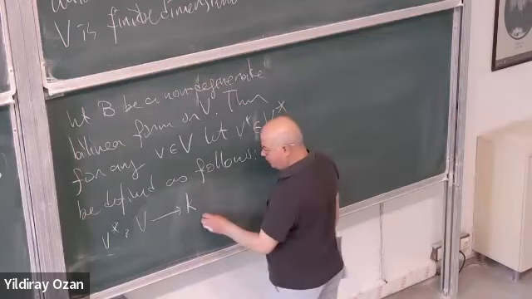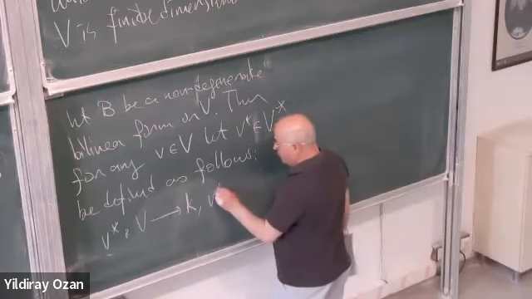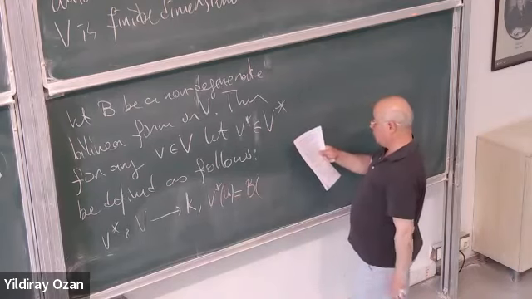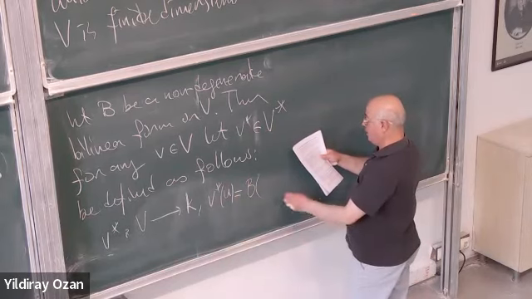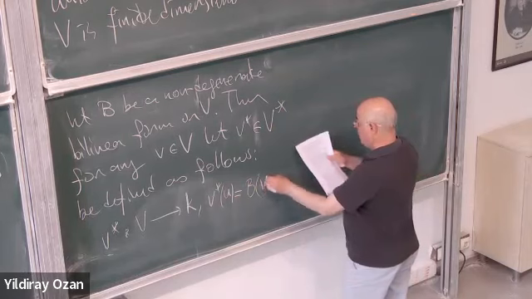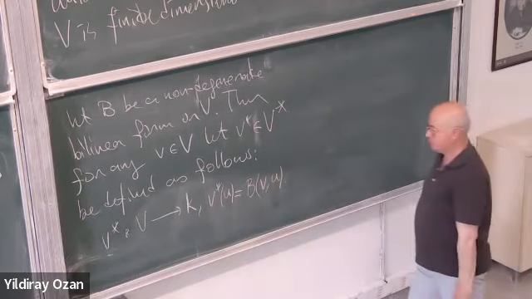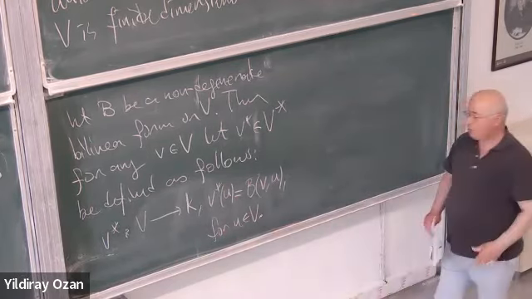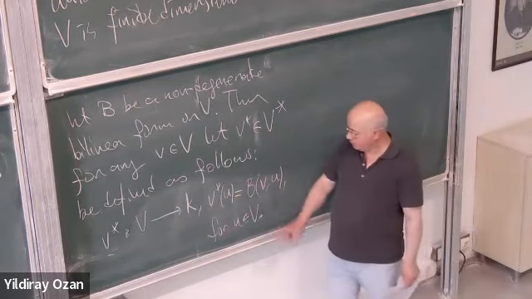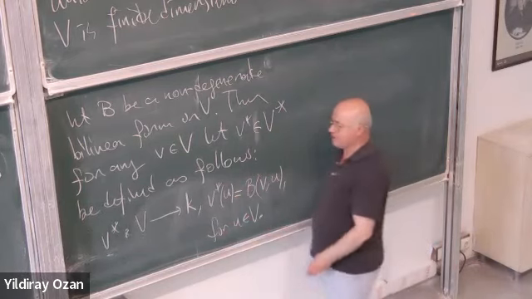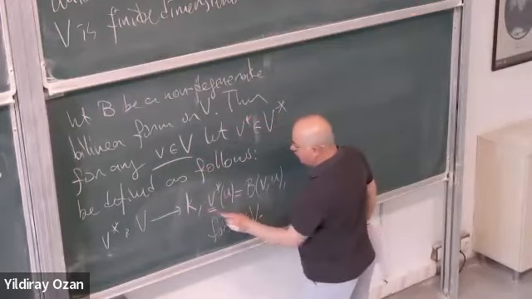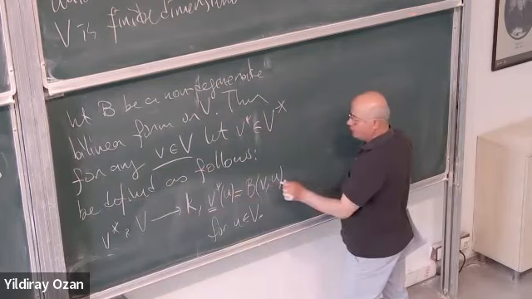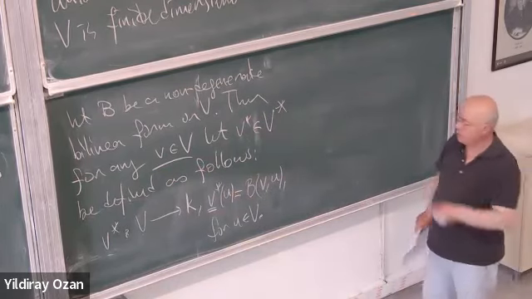It is defined this way: v star of u is just B of v and u. We fix v, and I describe a homomorphism v star. The image of u under this homomorphism is the product of v and u under B.